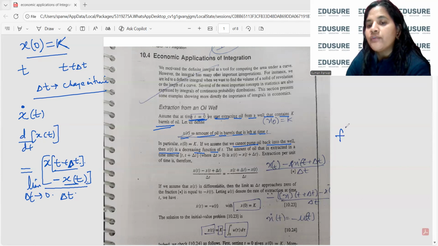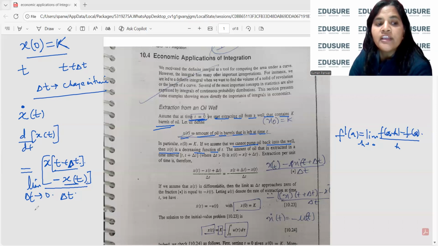If you want to define the derivative of a function at a, it will be the limit as h tends to 0 of f(a plus h) minus f(a), upon h. Similarly over here, the rate of change x dot t is equal to this particular limit.